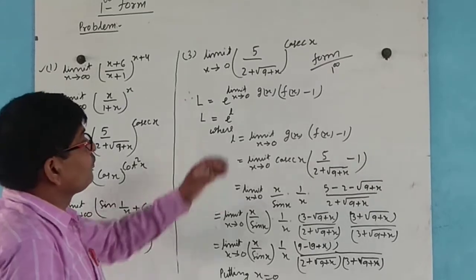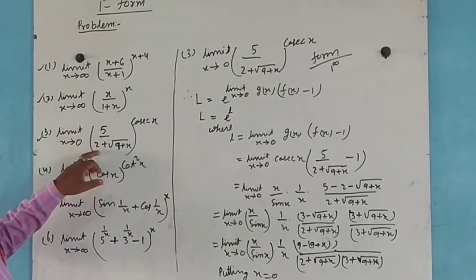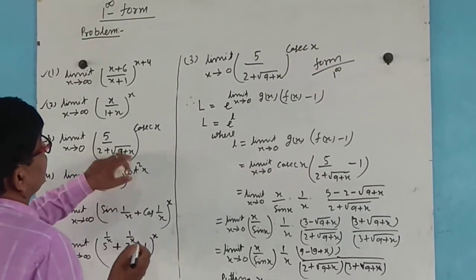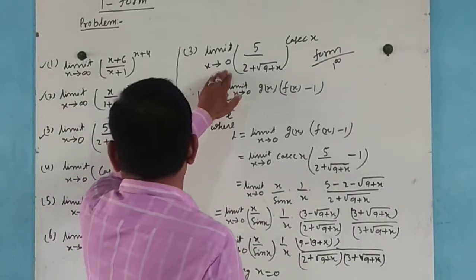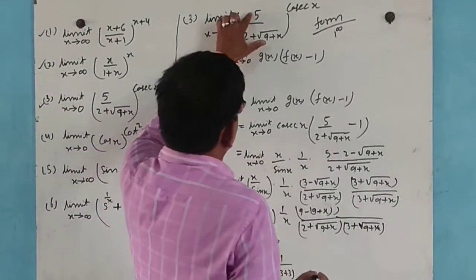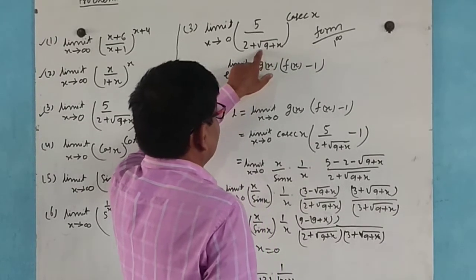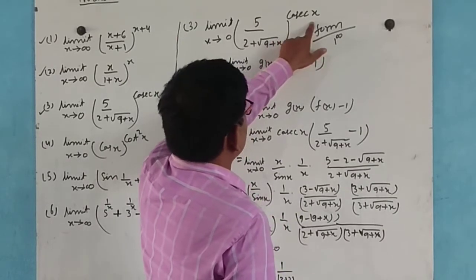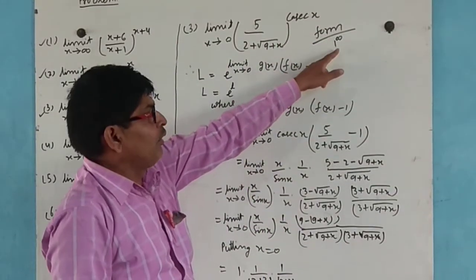Now, question 3, limit x tends to 0, (5 by 2 plus under root 9 plus x) to the power cosec x. Here, putting x equal to 0, the numerator is 5, the denominator is 2 plus under root 9, that is 3, so 5 by 5 is 1, and cosec 0 equals infinity. This is the form 1 to the power infinity.